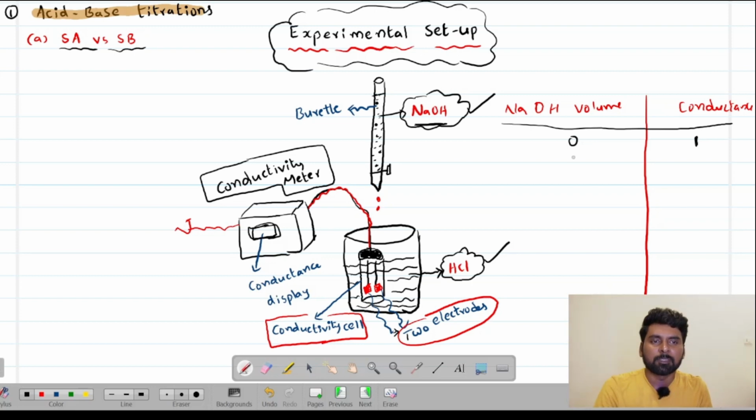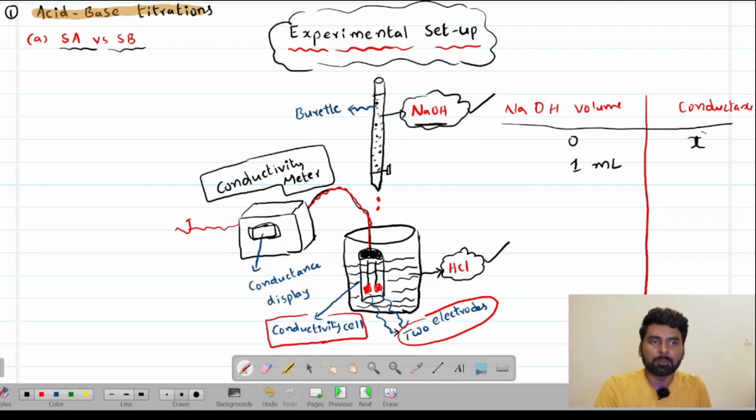Then they will add 1 ml of the NaOH from the burette. Here, for example, I have taken conductance value 1, but that need not be 1; it may be some value, say X. Definitely after adding NaOH, some of the HCl has reacted. If HCl starts reacting, then there will be a change in the number of the ions and a change in the nature of the ions; both are going to happen.